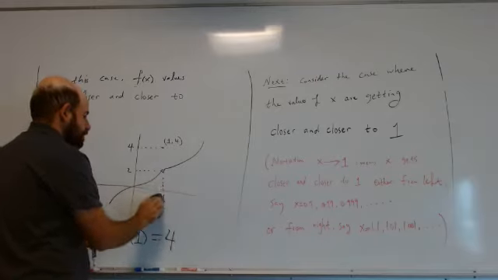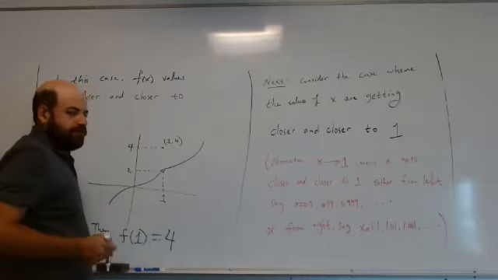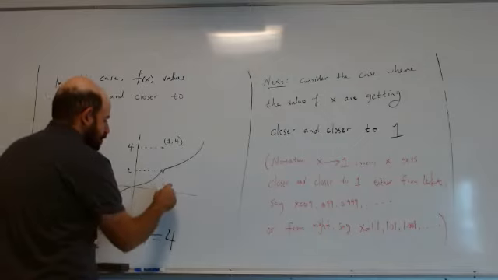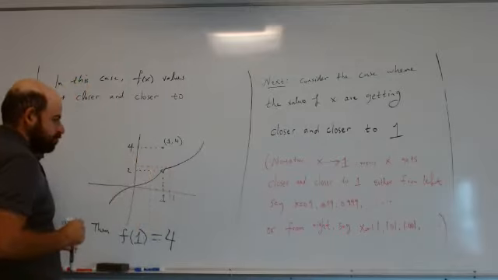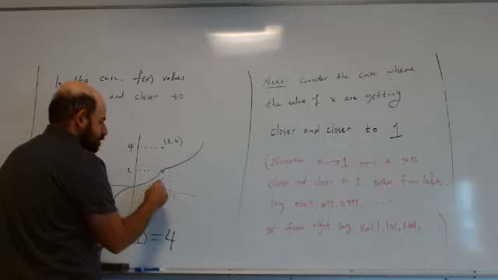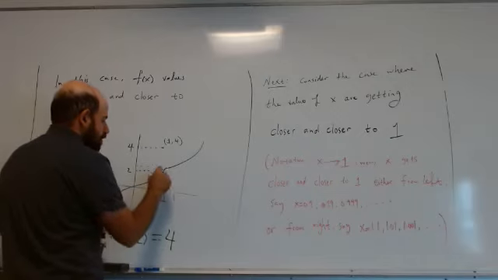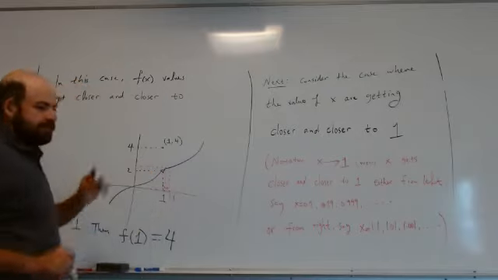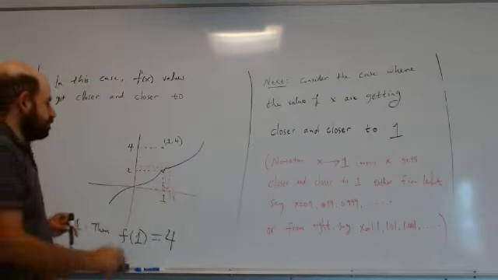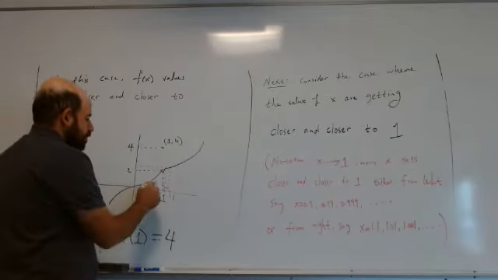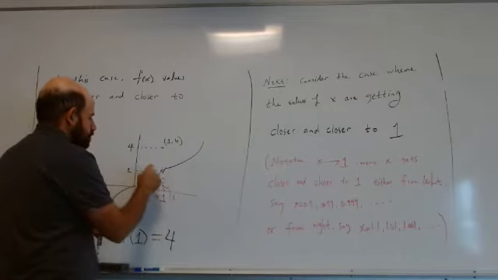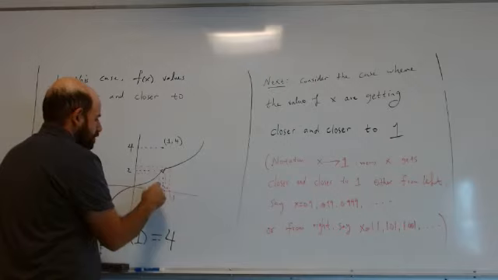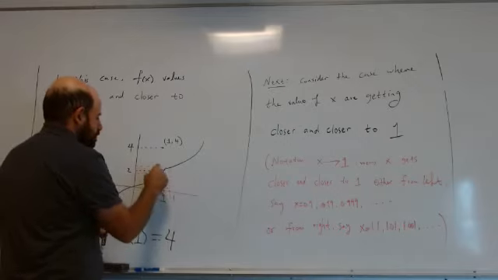If x is approaching 1 from right, let's say x is 1.1, look at the output. The output is very close to 2. Now, if x is even closer to 1, let's say 1.01, the output is even closer to 2. And so on. Also from left, let's say 0.9. See, the output is close to 2. Let's say 0.99. Output even closer to 2.